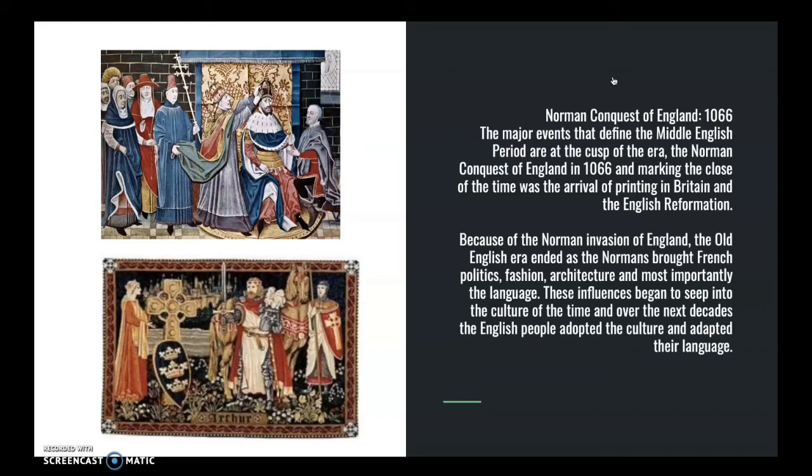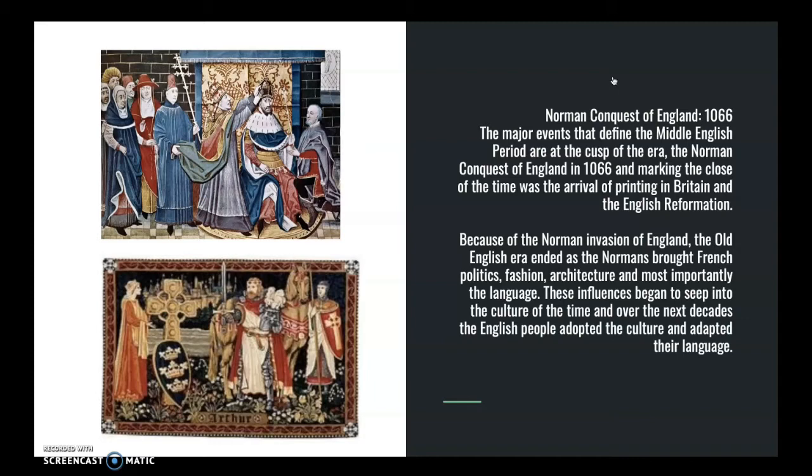By about 1200, England and France had split, and English changed a lot because it was mostly being spoken instead of written for about 300 years. The use of Old English came back, but with many French words added. In this period of time, we can see that many French borrowings were added to the English language.